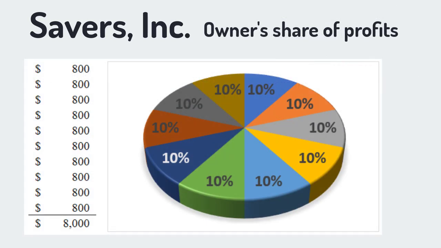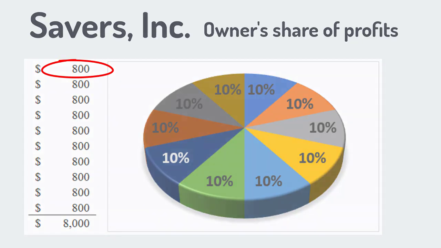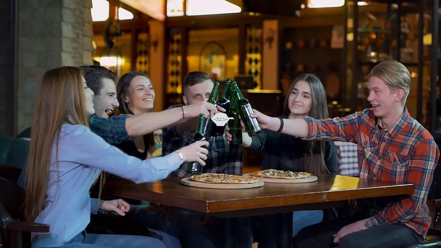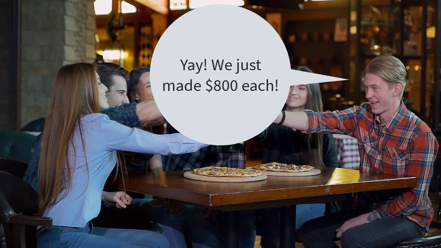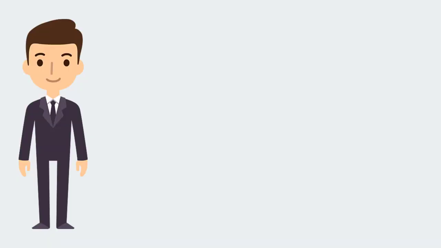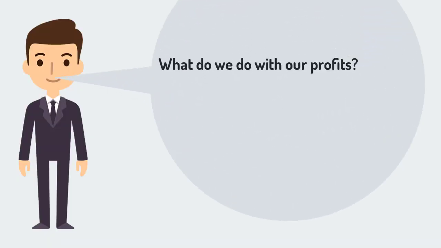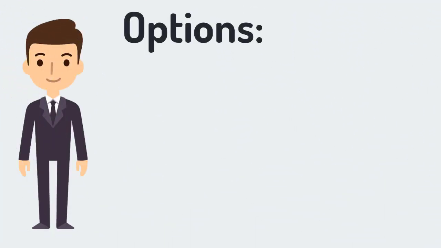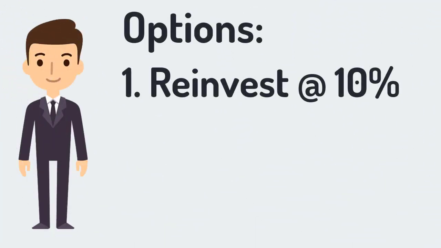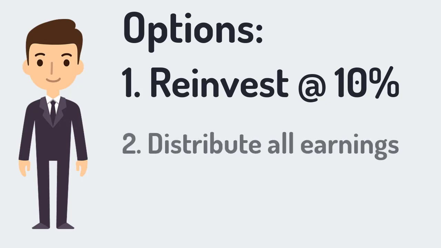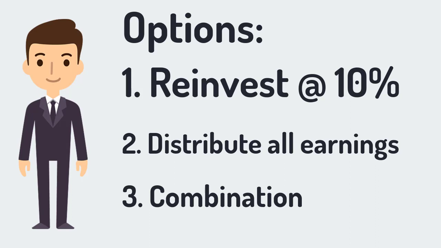And so your earnings are $800. Your friends gather around a table and decide what to do next. You have 3 options. You can reinvest the $8,000 in total, each of you reinvesting your proportional $800 at 10%. You could distribute all of these earnings, or you could do some combination of the two.